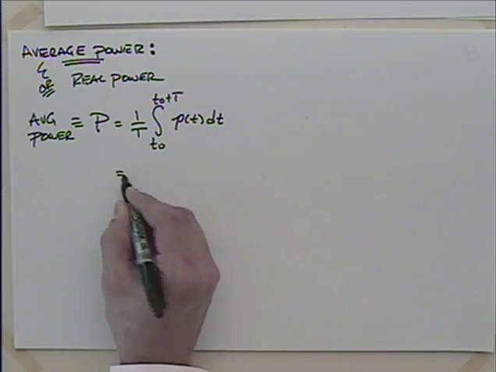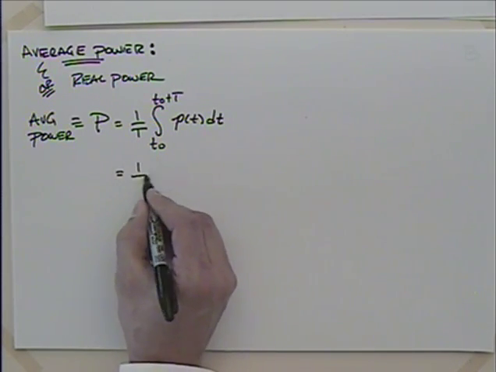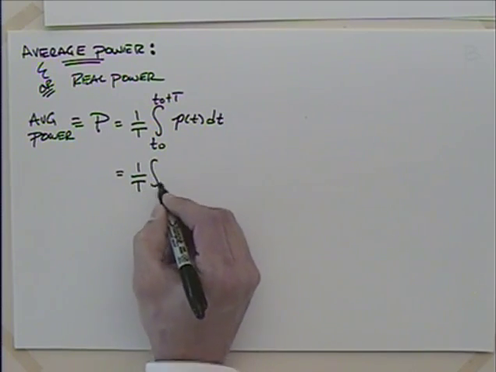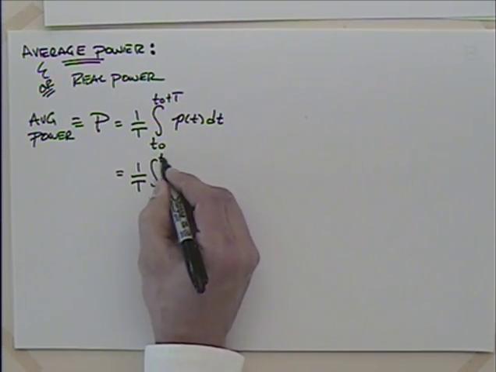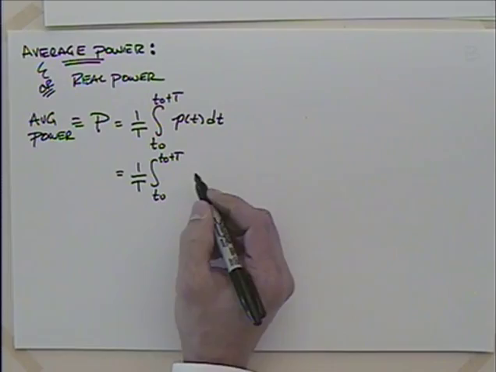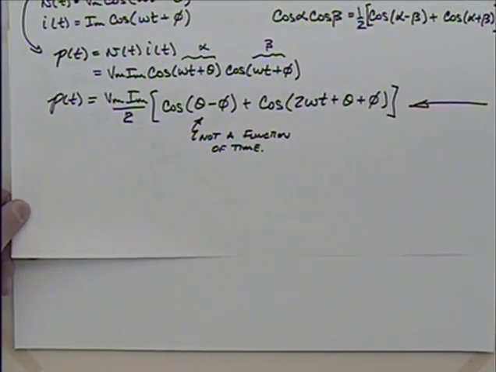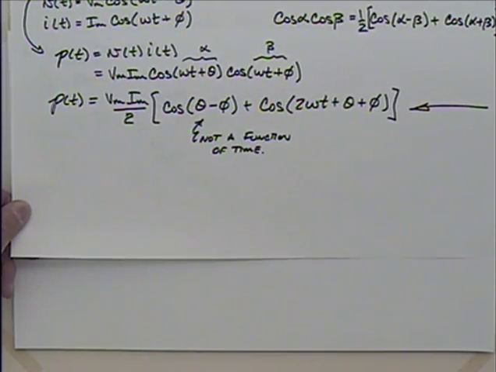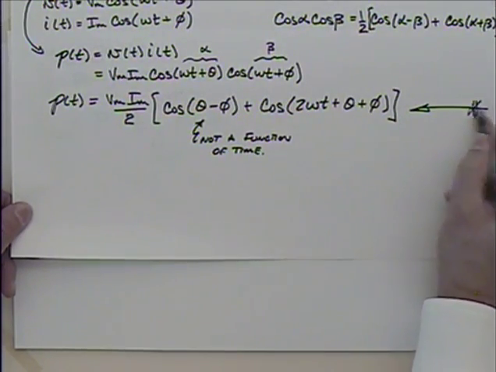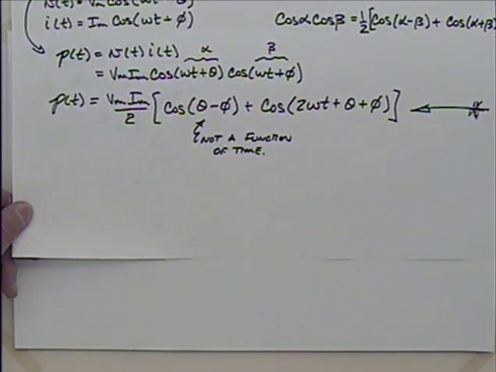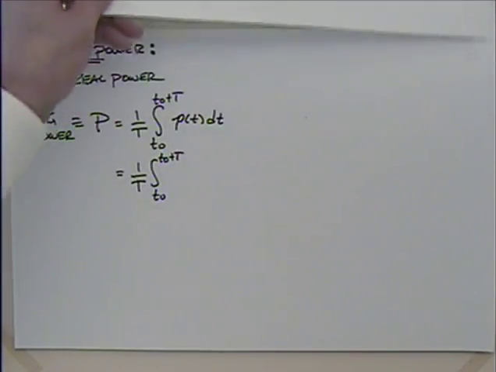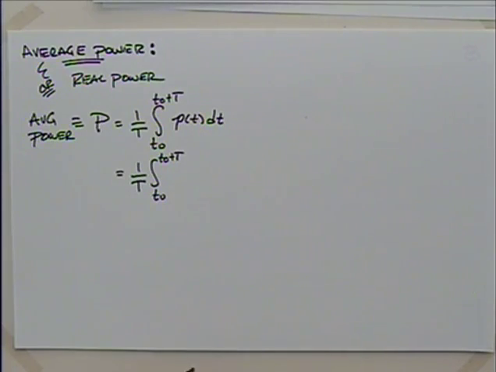So I make my substitution. Things get a little uglier looking. 1 over T times the integral from T0 to T0 plus T, making my substitution for the average power. So I'm going to go back to the last slide, if you can call this a slide or piece of paper or where it is in your notes. We said one of the greatest purposes for instantaneous power is to help us derive average power. So I'll substitute that expression in there.